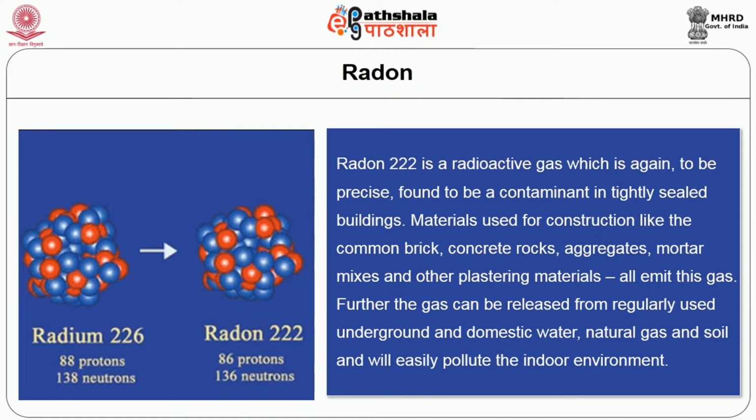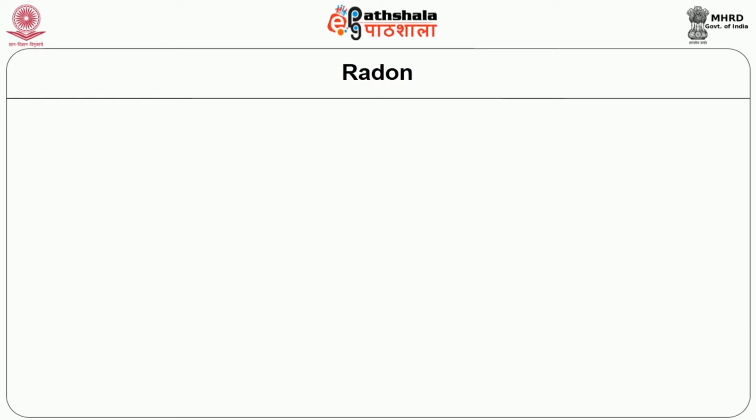Materials used for construction like the common brick, concrete rocks, aggregates, mortar mixes, and other plastering materials all emit this gas. Further, the gas can be released from regularly used underground and domestic water, natural gas, and soil, and will easily pollute the indoor environment. So it is there in almost everything people use.